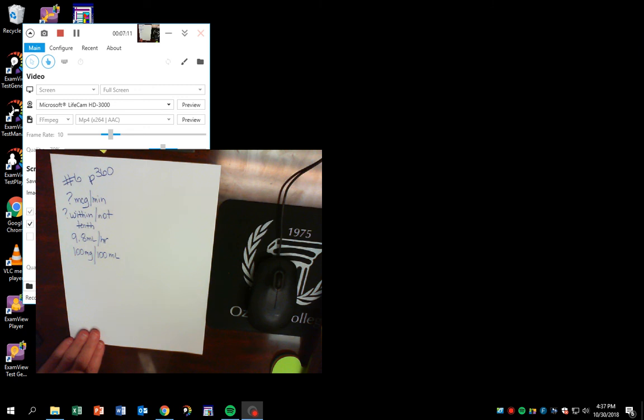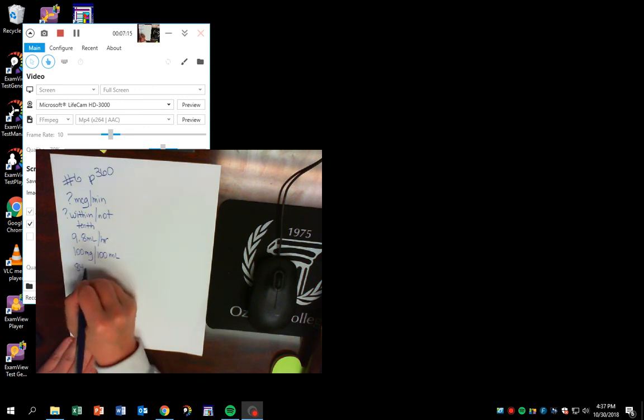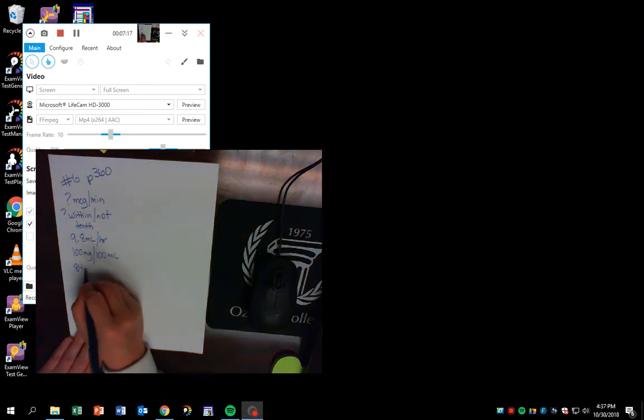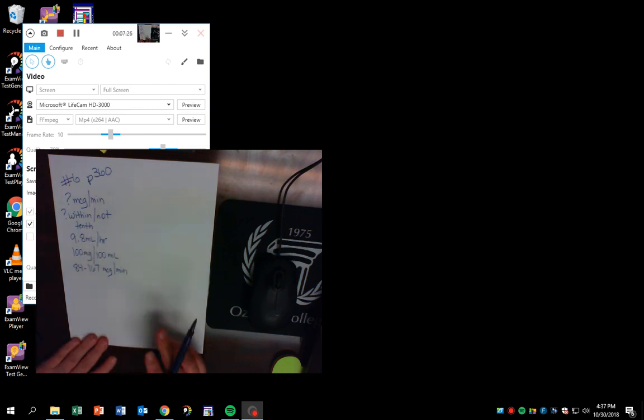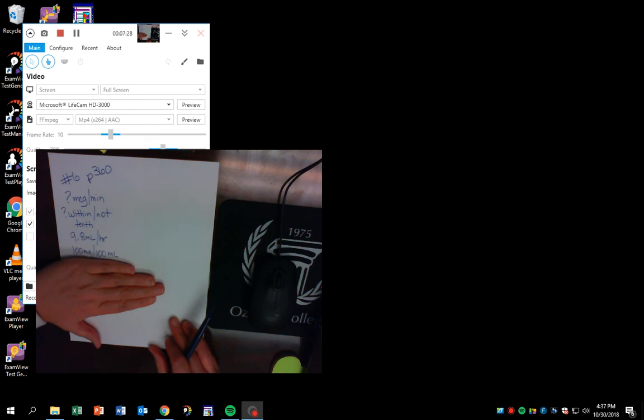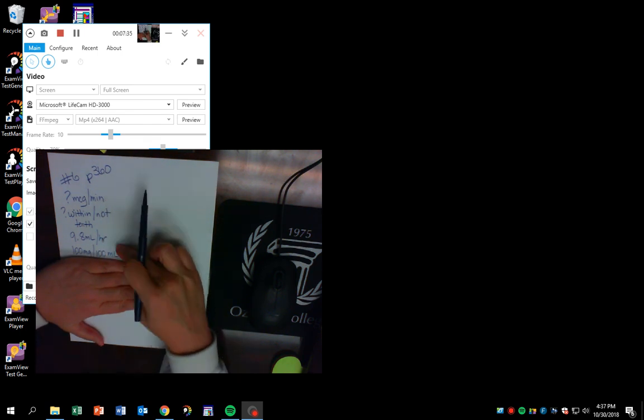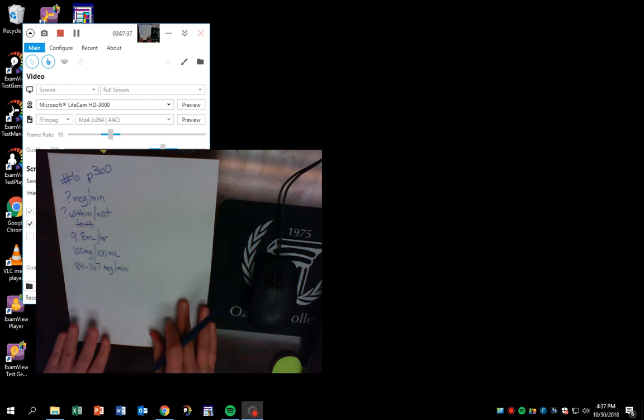The prescribed dosage range is 84 to 167 micrograms per minute. And again, we're solving for micrograms per minute. This is our range, so we don't really need to do anything with that right now. We only need that at the end to figure out if our dosage up here is within this range.